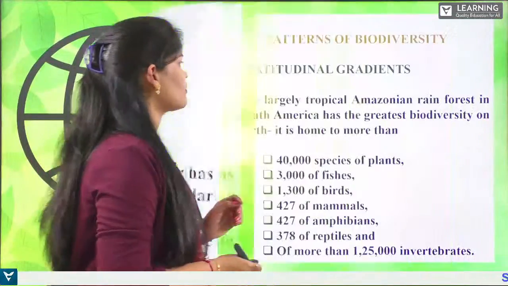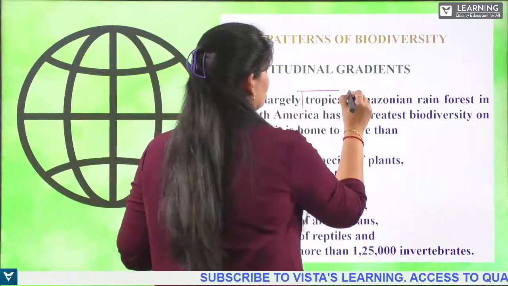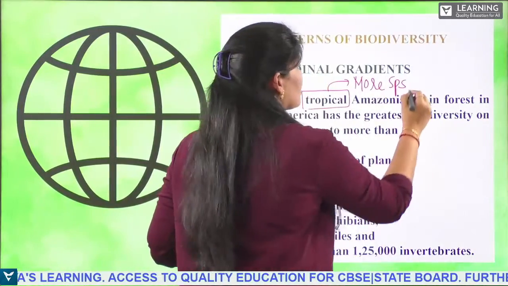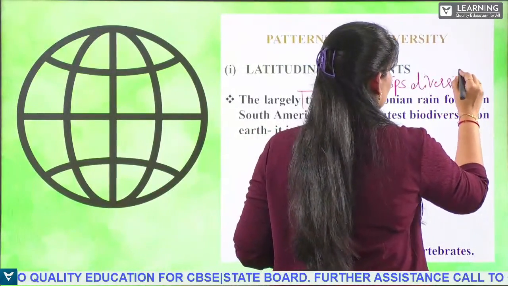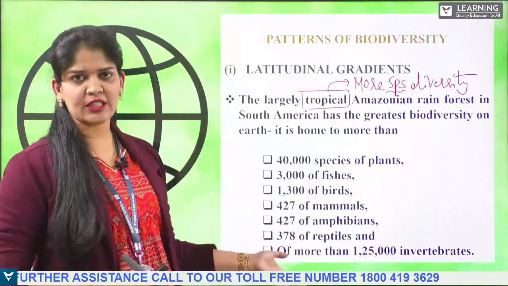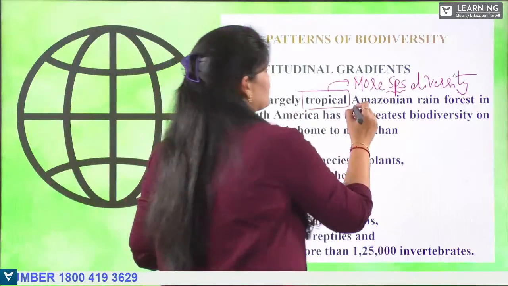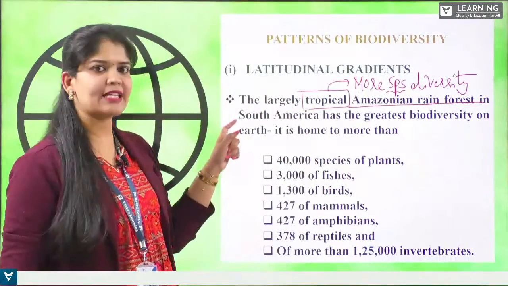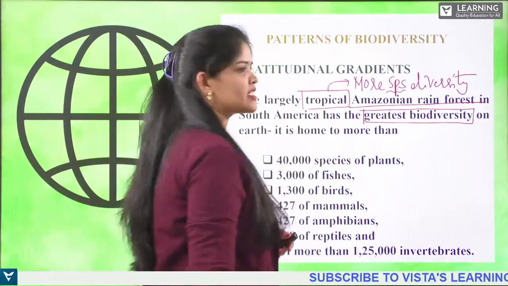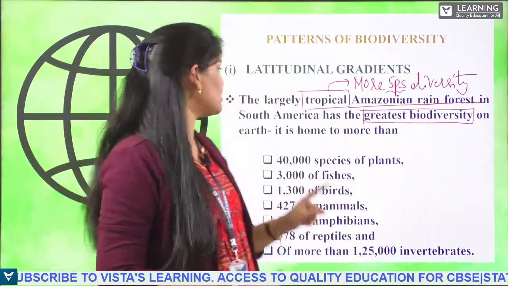Now, as we already know that the tropical region has more species diversity, this is supported by the statement that the largely tropical Amazonian rainforest in South America has the greatest biodiversity, that is what we call more species diversity on the earth.